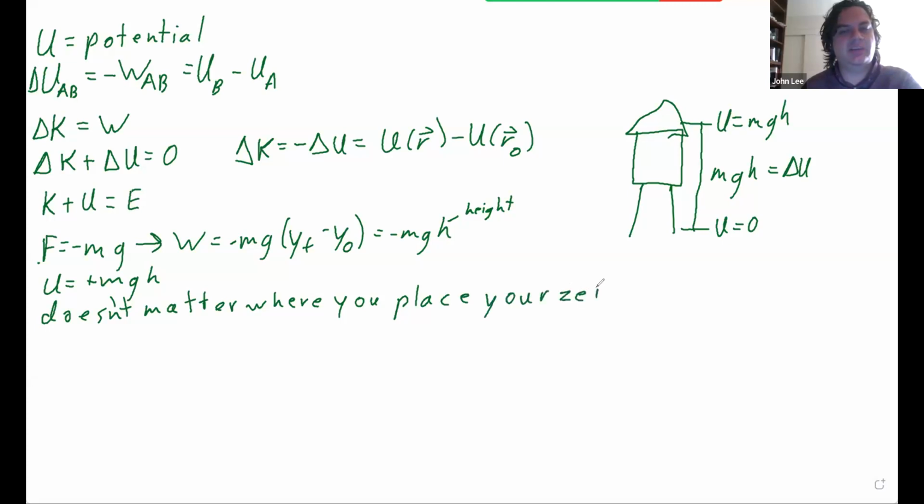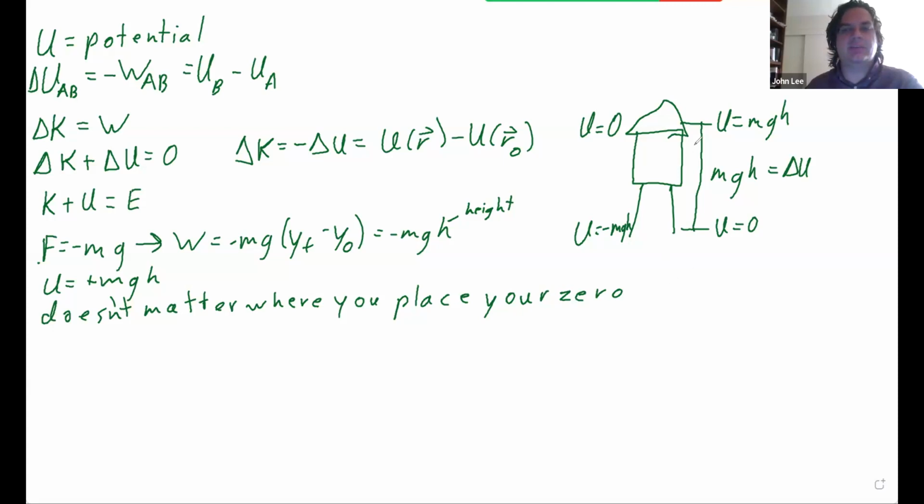It's still going to give you the same change in potential energy, which corresponds to the same change in kinetic energy. So you can also have the top be U equals 0 and the bottom be U equals negative mgh, and that's going to give you the same delta U of mgh from the top to the bottom. No matter where you put your 0, all you're caring about really is the delta U.